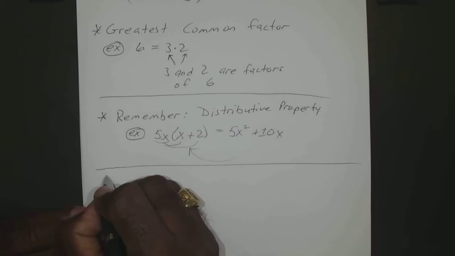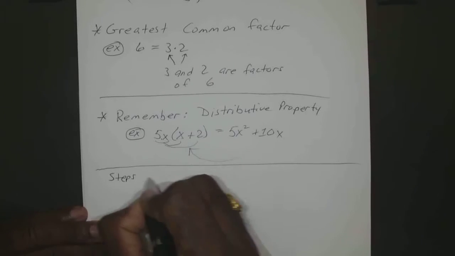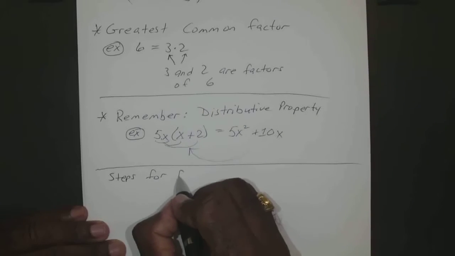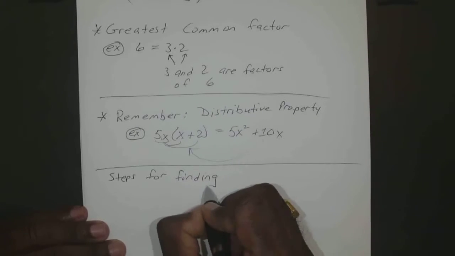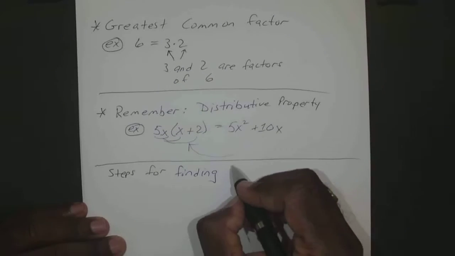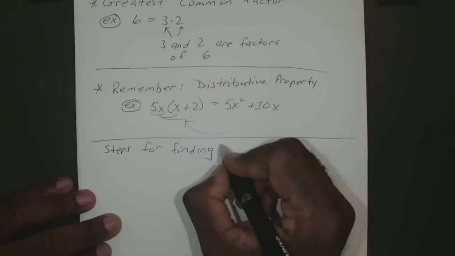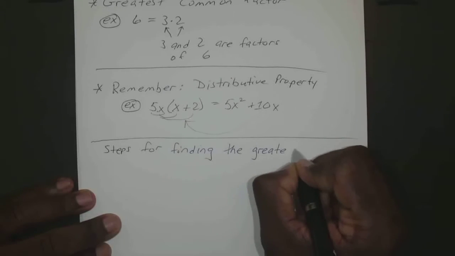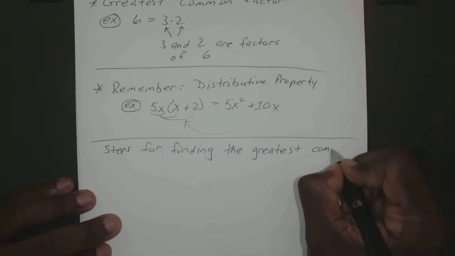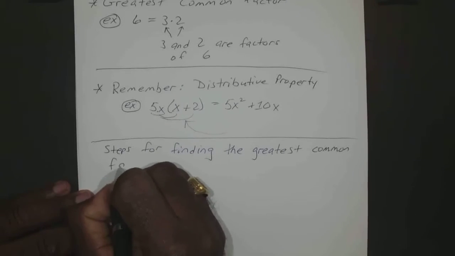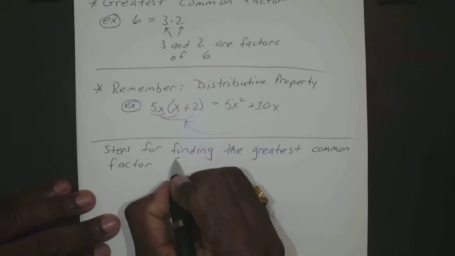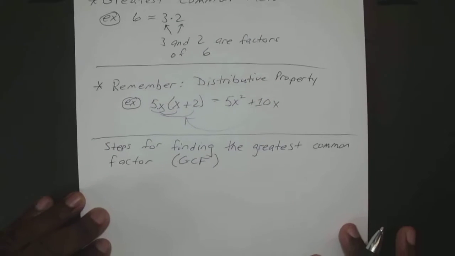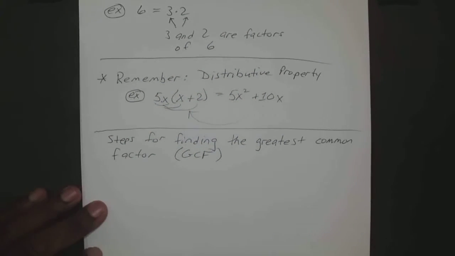All right, so let's say you want to use some steps for finding the greatest common factor. From here on out, when you see GCF, that'll just be greatest common factor, instead of writing greatest common factor over and over.